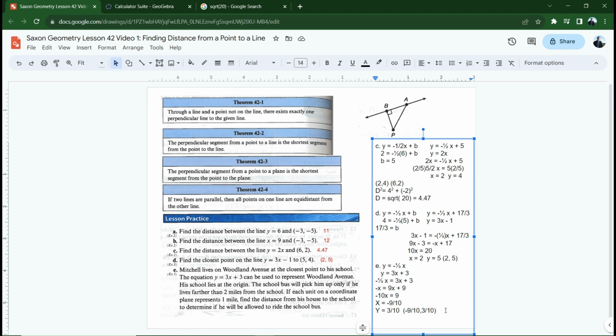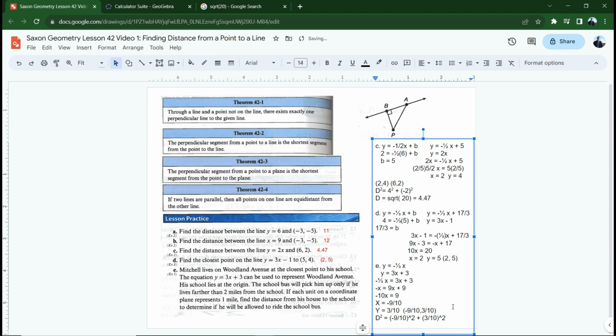The only good thing about this is my origin is 0, so it's going to make the distance formula a little easier. D squared equals x2 minus x1 squared. Well, x1 is just 0, so it's going to be negative 9/10 squared plus y2 minus y1, but it's just going to be 3/10 squared.